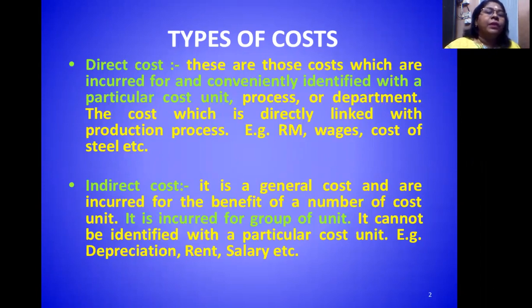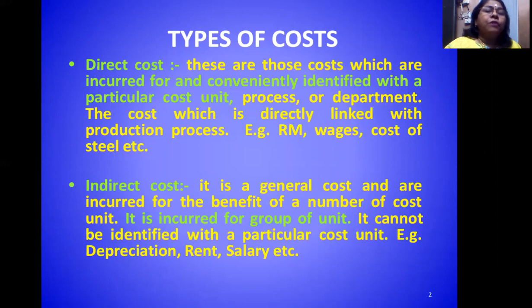For example, say you are producing a chalk piece, the limestone, which is the basic raw material to produce a chalk piece. We can see the final product and identify what raw material was made use of for producing the chalk piece. So that limestone cost is the direct cost.